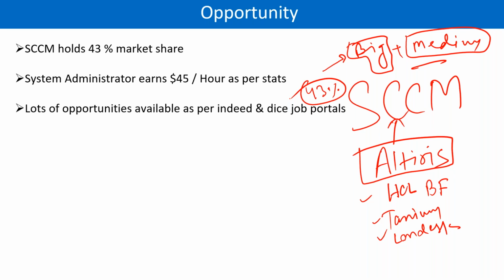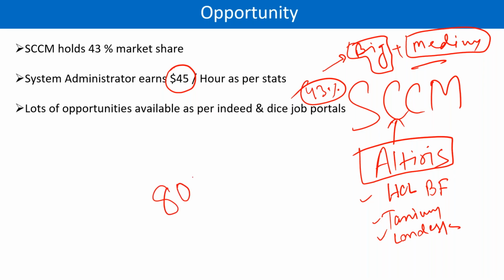So people who are working on SCCM profiles in US, Canada, Australia, Europe countries are earning somewhere around $45 per hour. That's the average salary of SCCM administrators, not in India but outside India.